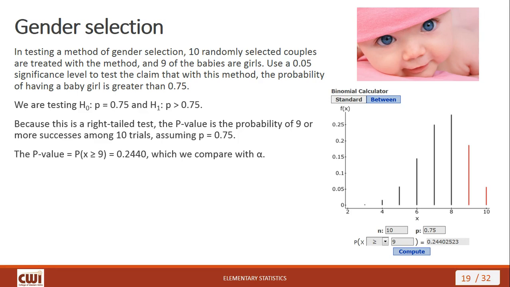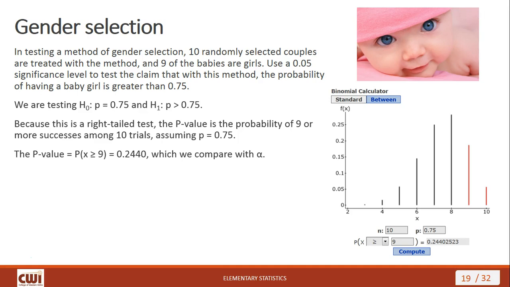We have 10 babies in our sample, and our proportion for the population, our probability of success, is going to be 0.75. That's the value from the claim. And then our p-value is going to be the probability of getting 9 or more successes. Why 9 or more among the 10 trials? Because 9 of the babies were girls.